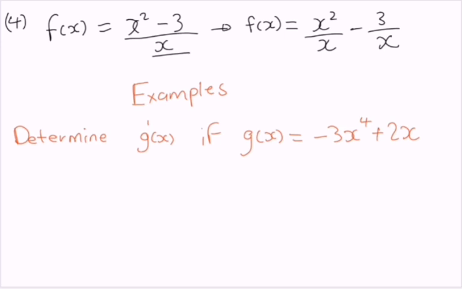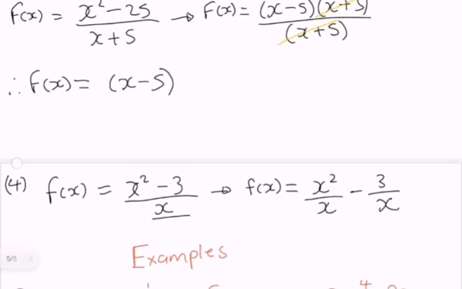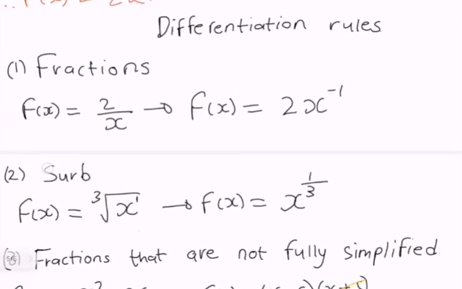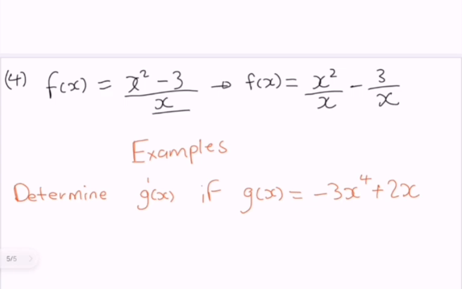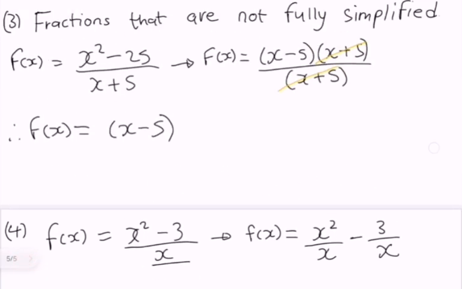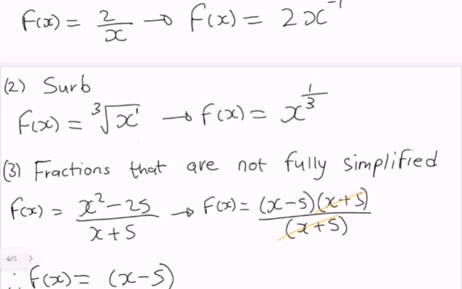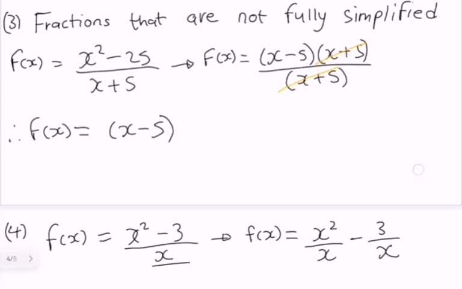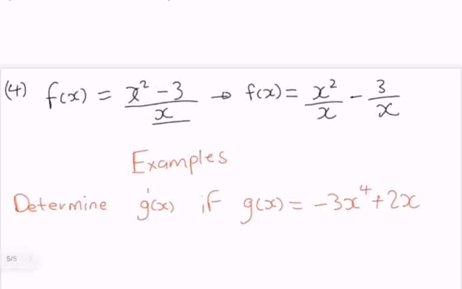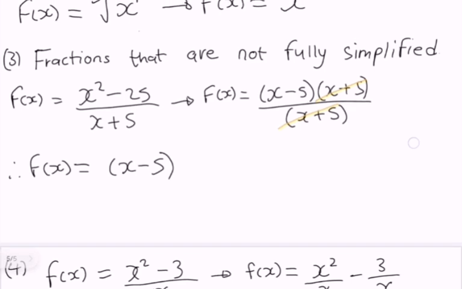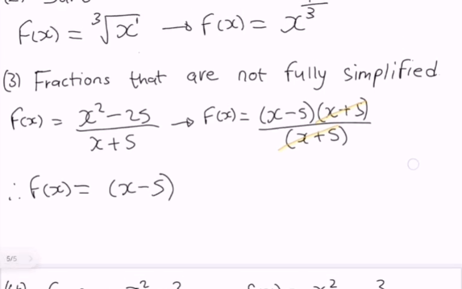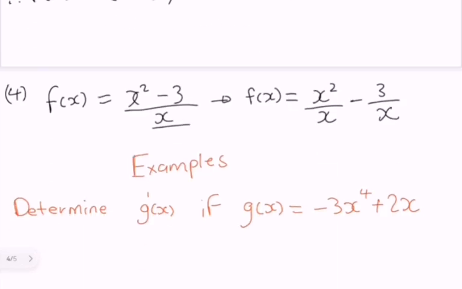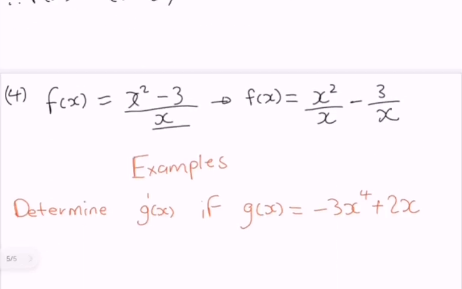Okay, looking at this question, you go and check the first rule, the fractions. Is there a fraction in this question? Then you realize that no, there is no fraction. Then you go and check the second rule. Is there sets in this equation that they've given us? Then you realize that no, there are no sets. Then you go check fractions that are not fully simplified. They are not there.